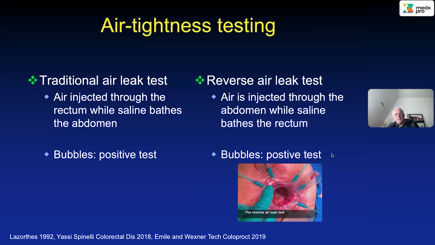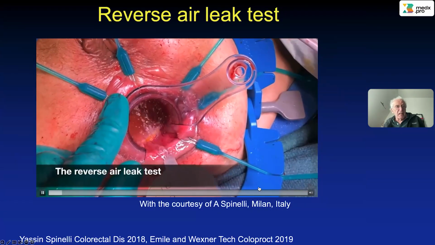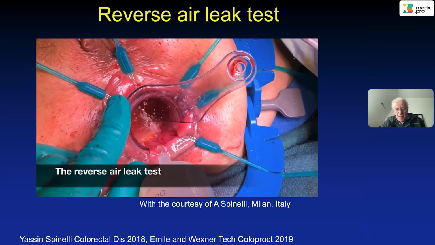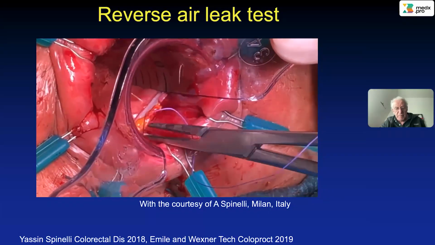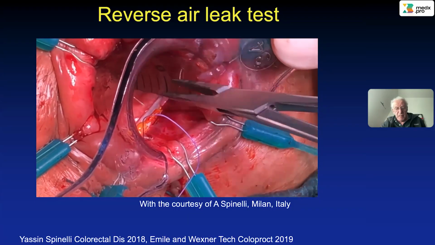The reverse test was popularized by Spinelli in Italy and Wexner in the United States, is when air is injected through the abdomen, where you put the saline in this case, and the repair is tension-free by gently withdrawing the transanal retractor.